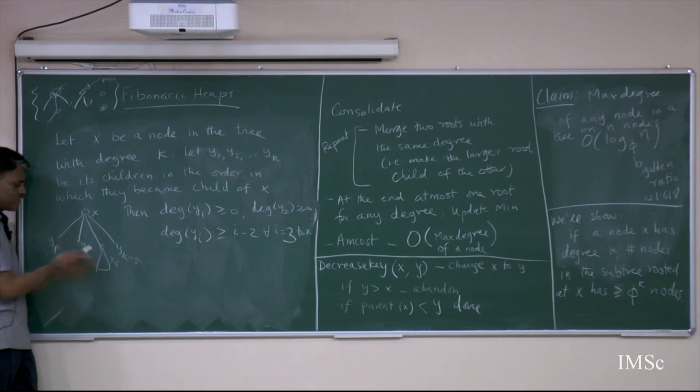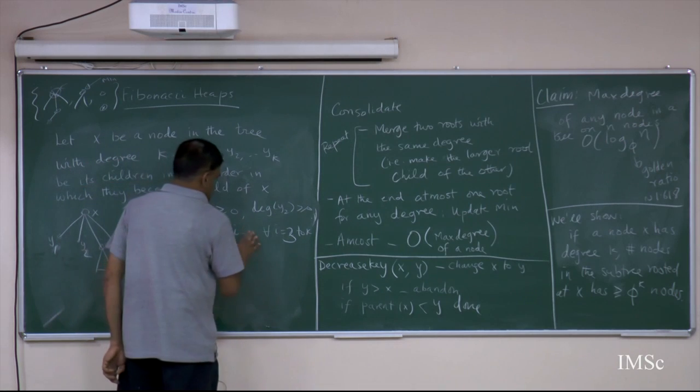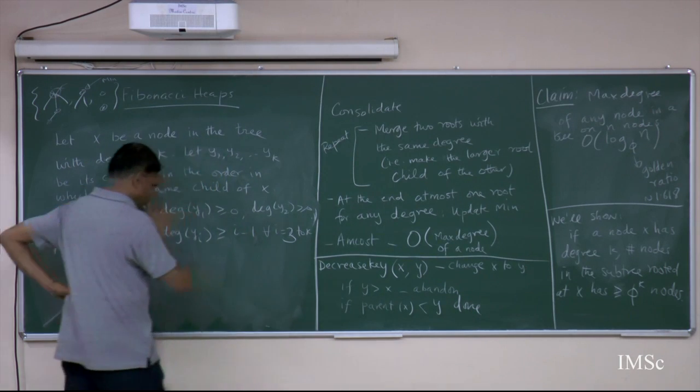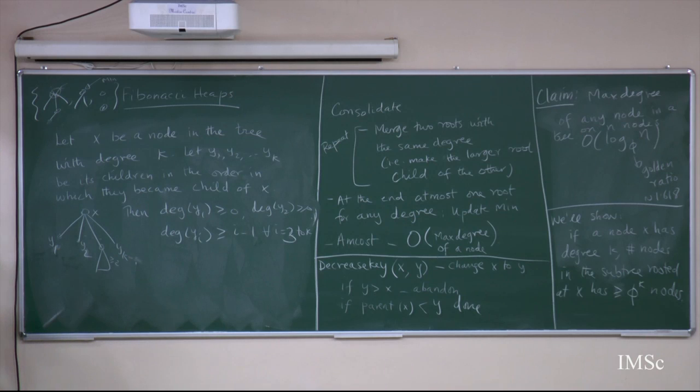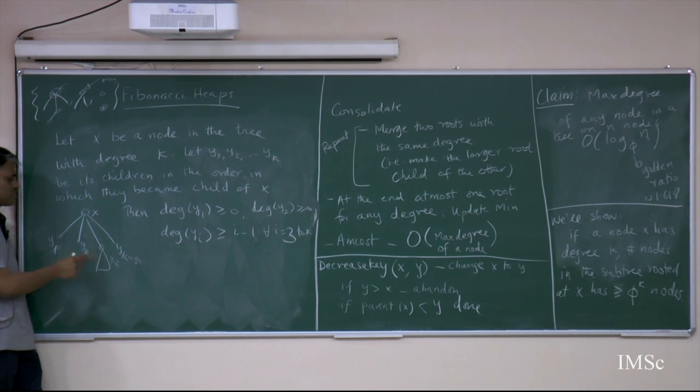So its degree must have been at least 2, and it might have lost one child. Okay, so I really want to say the minus 1. Its degree at that time when it became a child of x must have been at least 2, because y1 and y2 were there.